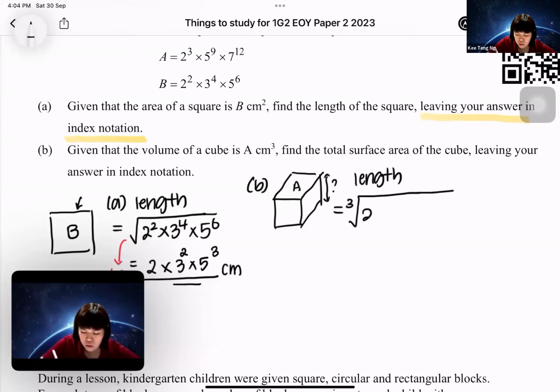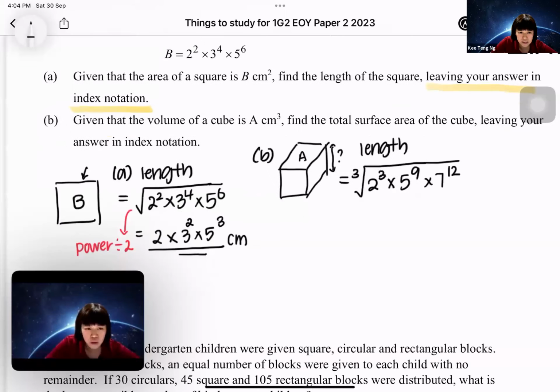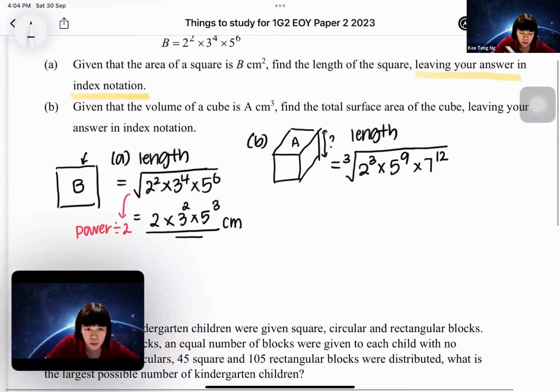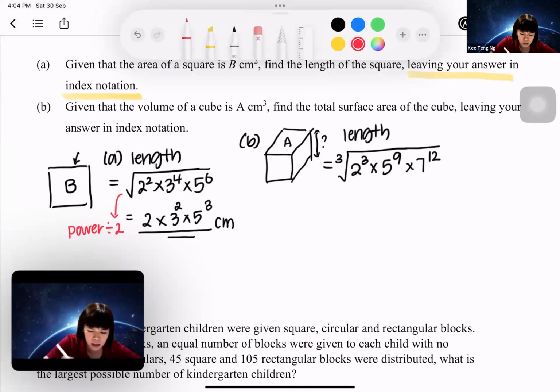So the cube root of A will be 2 cubed, 5 to the power 9, 7 to the power 12. Just now we said that when we take the square root, the power divides by 2. Then what will happen if we take the cube root? Anyone know the answer?